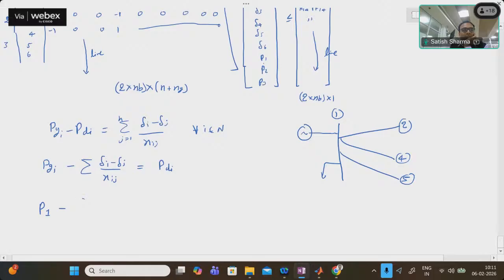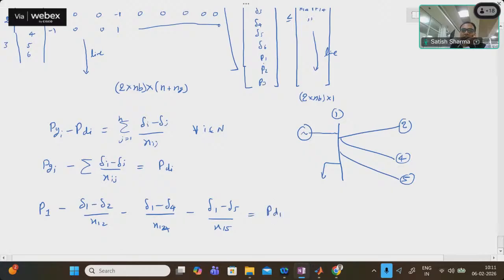That will be delta 1 minus delta 2 upon x12 minus delta 1 minus delta 4 upon x12 minus delta 1 minus delta 5 upon x1. Sorry, I made a mistake. This should be x14 and this should be x15, equals PD1.